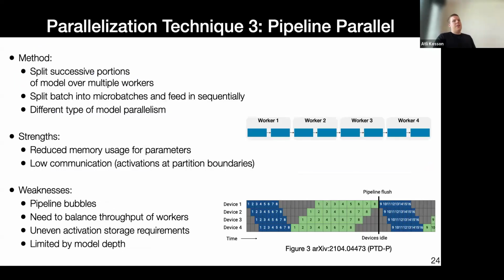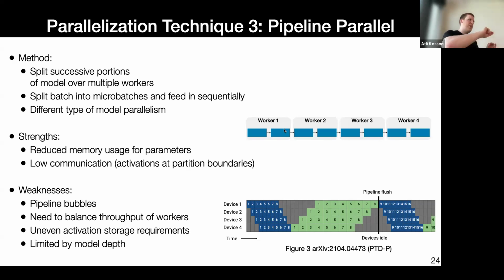Okay, the final method is pipeline parallelism, where we divide the layers between each GPU. The way this works in practice is that you feed an input into the first worker, it'll process it and eventually create an output.